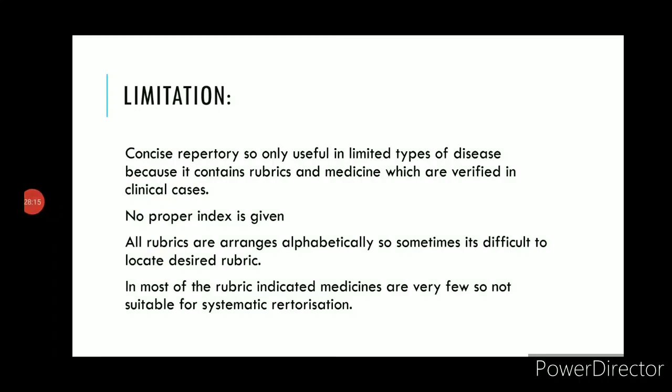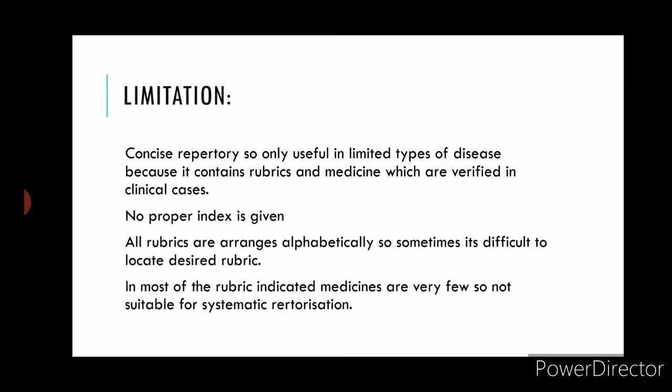Another point is that no proper index is given, so there are times you will feel that you are not easily finding a particular rubric because you have to look in alphabetical arrangement. There are no chapters, so you are not going to locate a particular chapter of a particular symptom and then search. You have to go by alphabetical arrangement and search a rubric in alphabetical order.